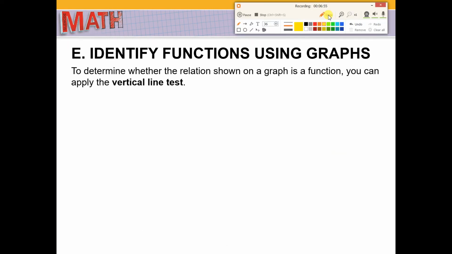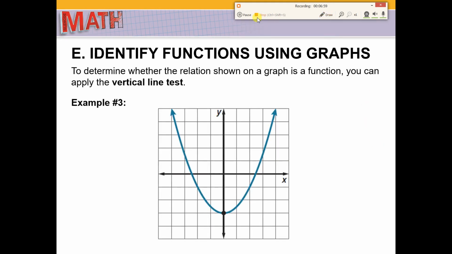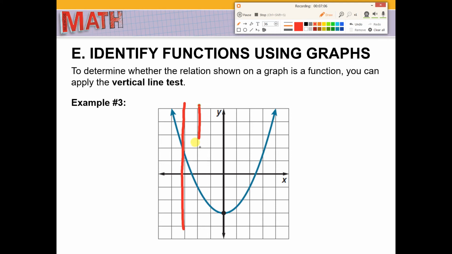Let's have the next example. So we have this graph. Let's apply the vertical line test. I'm going to put several vertical lines here. You can put them at all parts of the graph.